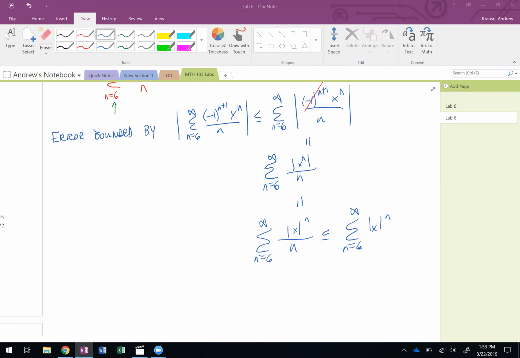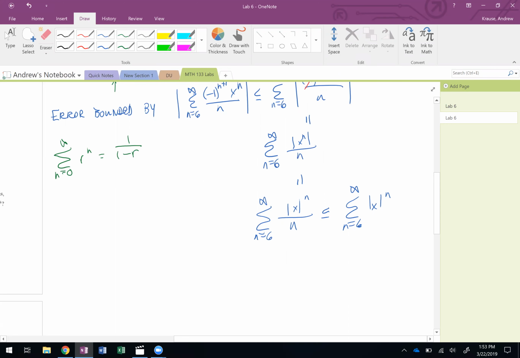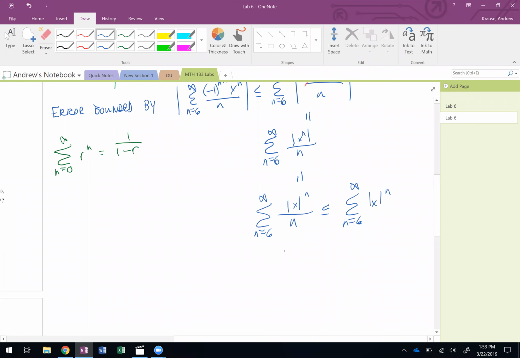In order to calculate the sum, the only geometric series sum I know is that we need to start at 0, and then the sum is 1 over 1 minus r. So how can I get this 6 to be a 0? Let's think about what this means. This sum is like the absolute value of x to the 6th, plus the absolute value of x to the 7th, plus the absolute value of x to the 8th, and so on and so on.